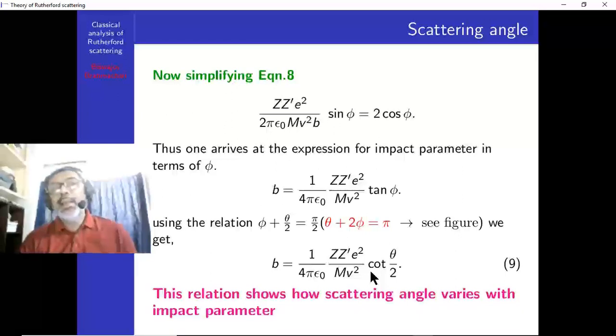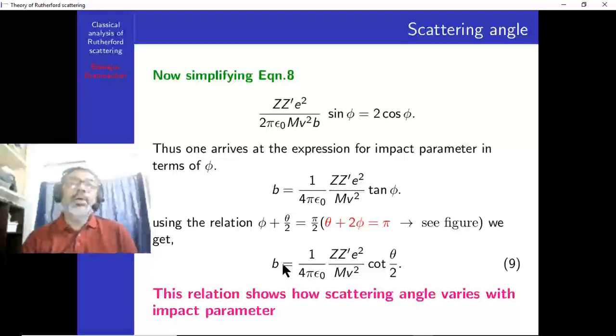That is when a single alpha particle is approaching a single nucleus. Then the impact parameter and the angle of scattering have this relation. But in a realistic experiment, there is no single alpha particle. We have a beam because we have a radioactive sample, and from there we can collimate a beam.